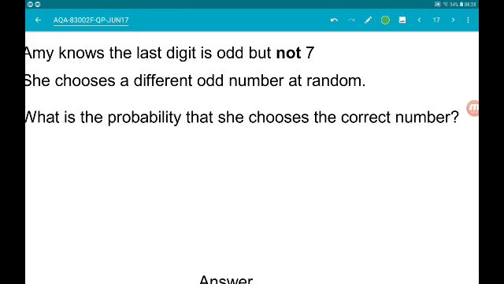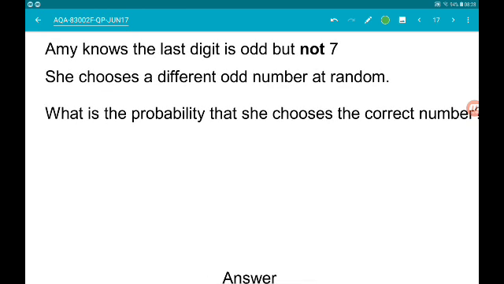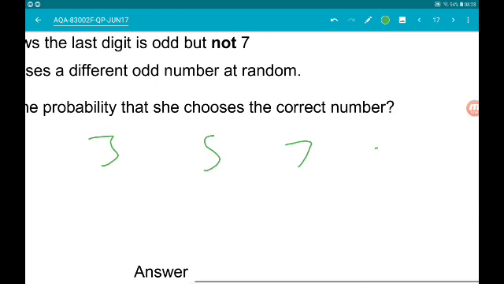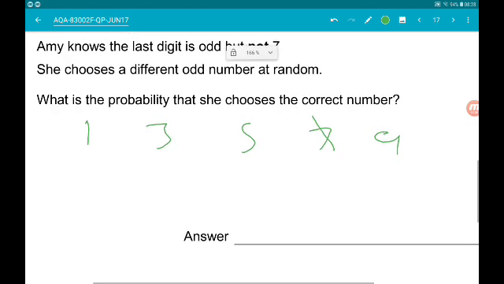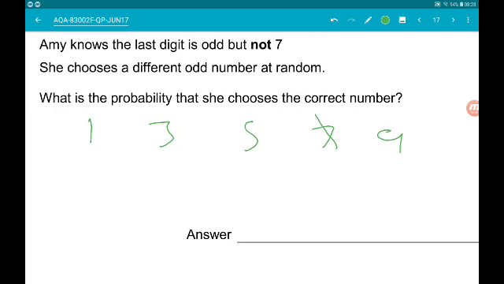Okay, so the odd numbers are 1, 3, 5, 7, and 9, but we know it's not 7, so there are 4 possibles that it could be. So again, it's 1 out of 4. Cool.